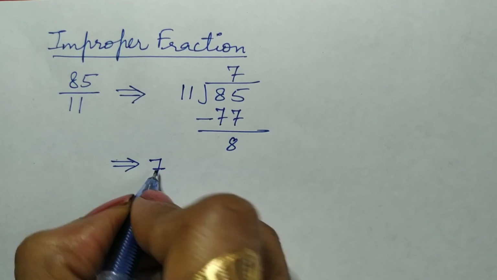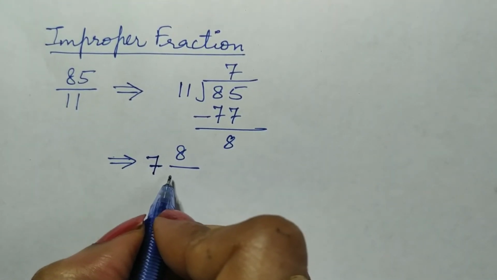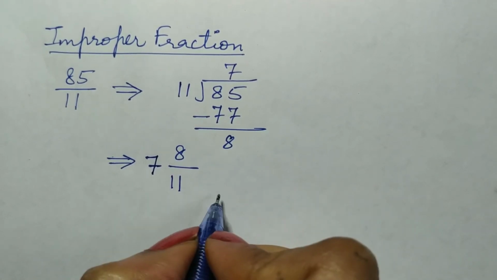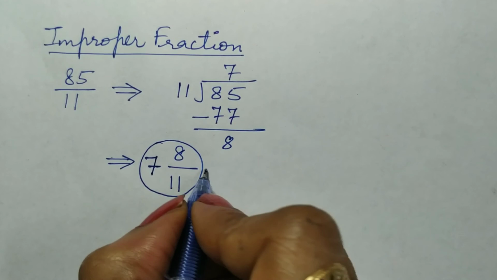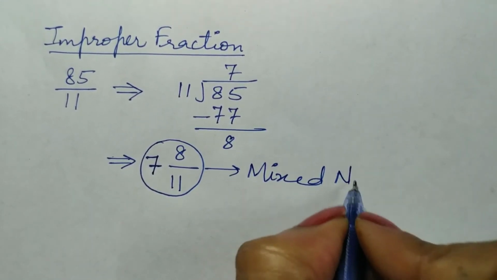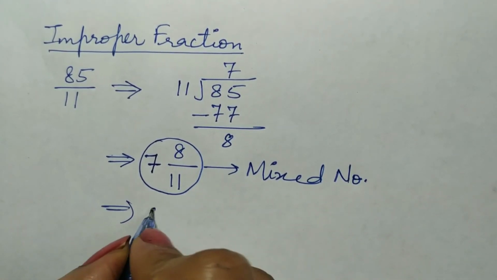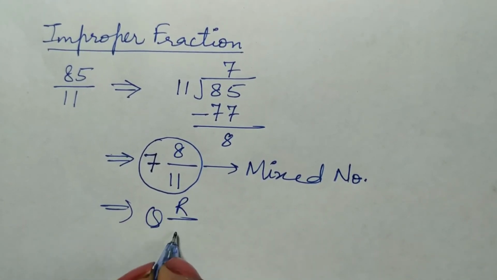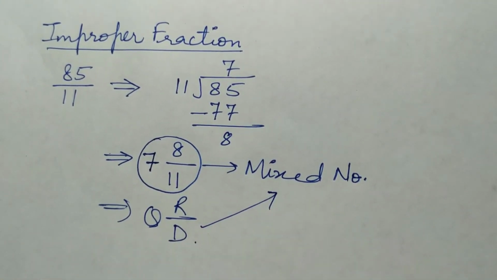The quotient will be written over here as the whole number, and 8 at the numerator's place and 11 at the denominator's place. So this is the presentation of a mixed number. That is quotient, remainder and divisor. This is the form of a mixed number.